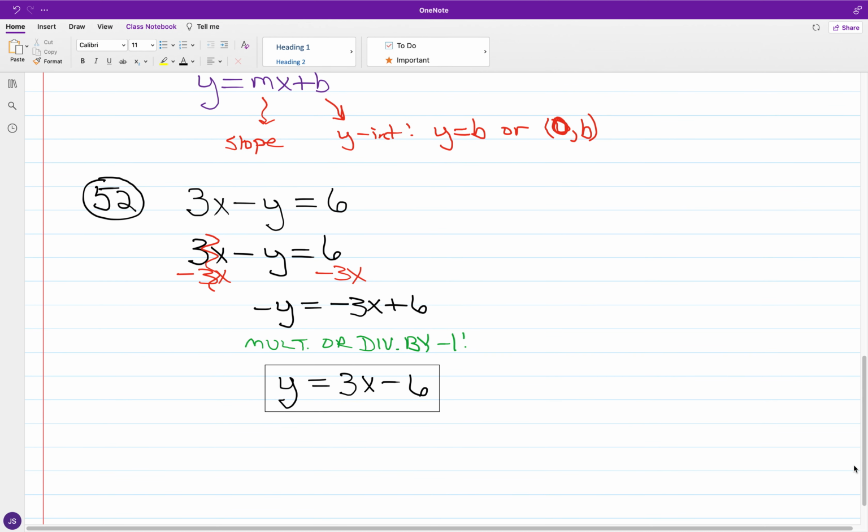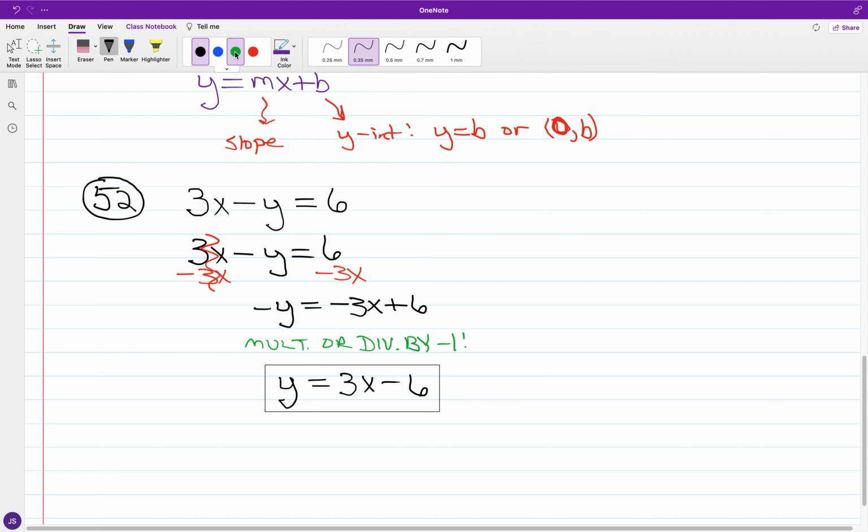And so we have the identifying characteristics. The slope is equal to 3, so you have a pattern like going up 3 units while shifting to the right every 1 unit.